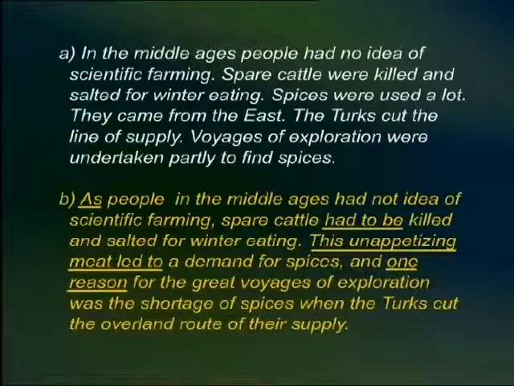This unappetizing meat led to a demand for spices, and one reason for the great voyages of exploration was the shortage of spices when the Turks cut the overland route of their supply.